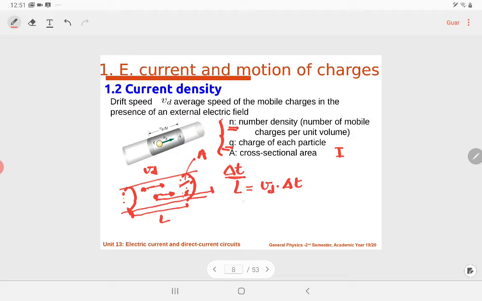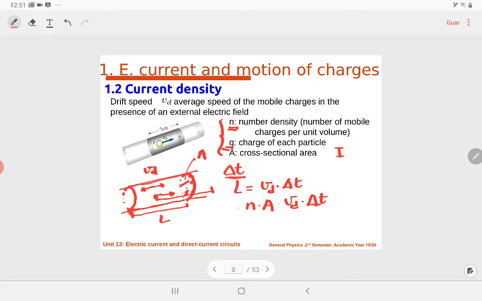Okay, so we know that the number of charges that are crossing is going to be given by N, which is the number density, how many per volume we have, times the volume I've plotted here, which is a cylinder with an area of A and a height of L, which was given by Vd delta t.